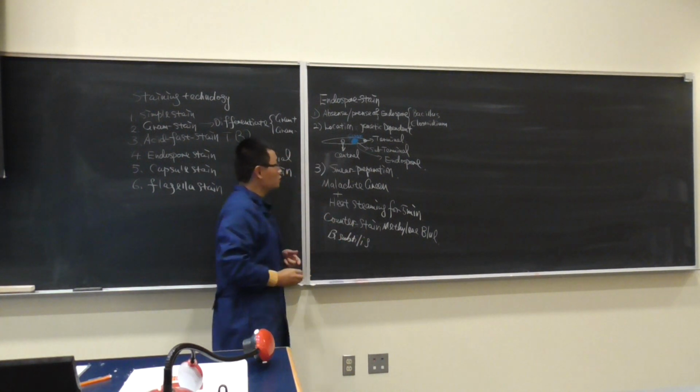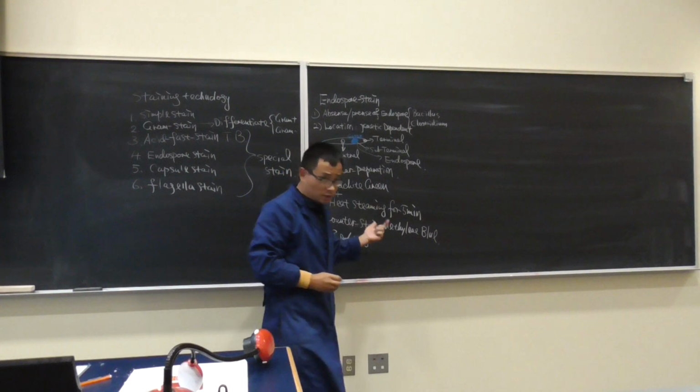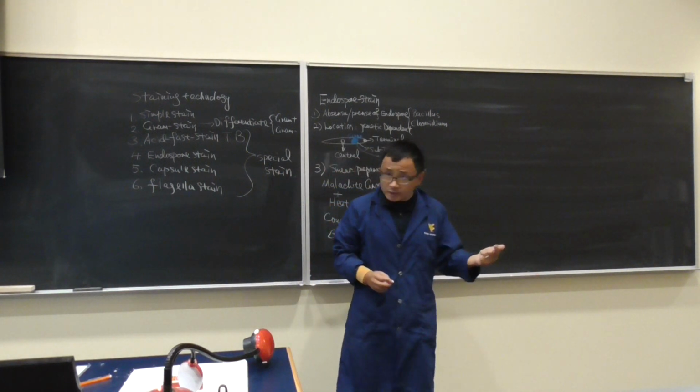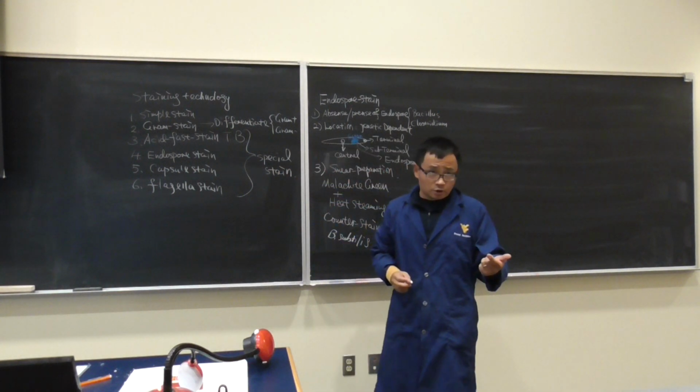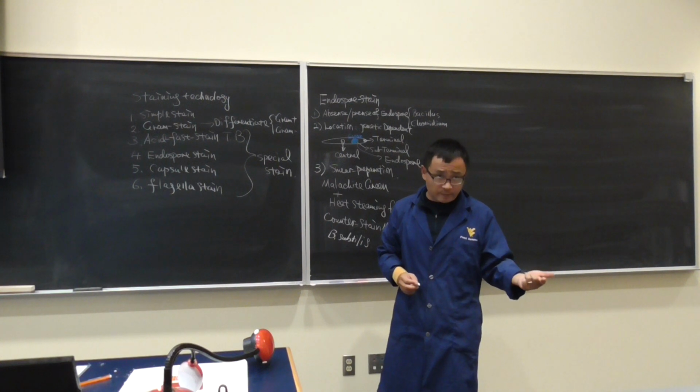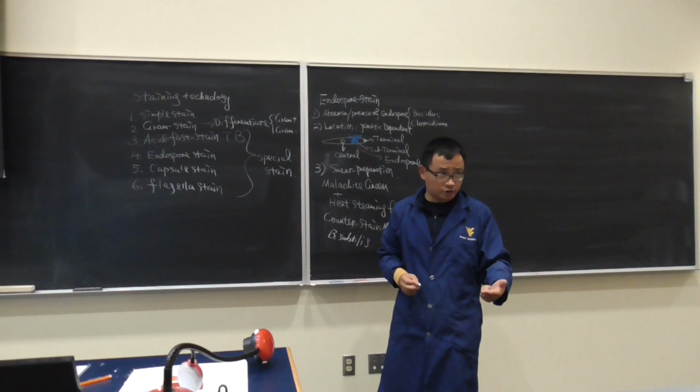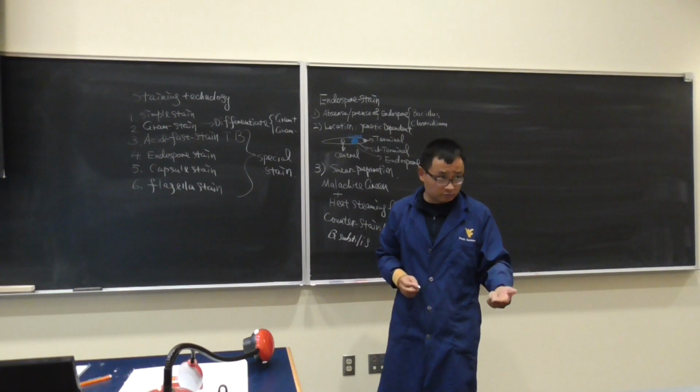Now there is one thing I want to mention. Because the basic function of the endospore is to protect the bacteria against a stressful environment, like UV light, or a very cold or very hot situation, the endospore stain using a bacterial culture needs to be old.